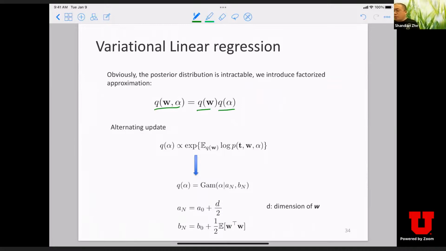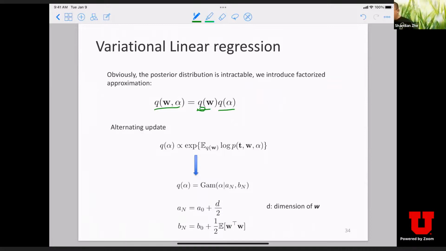Of course, this factorized assumption implies that in our approximate posterior distribution, W and alpha are independent. But I have to point out this is not true in most cases. So we just want to use a simpler form of approximation to capture some information from the true posterior.